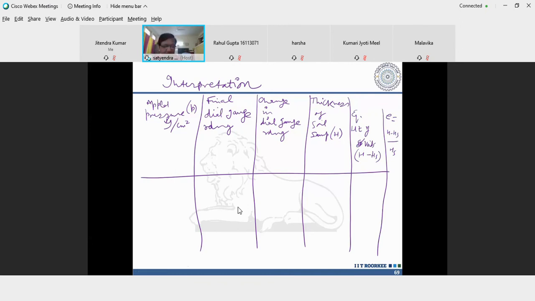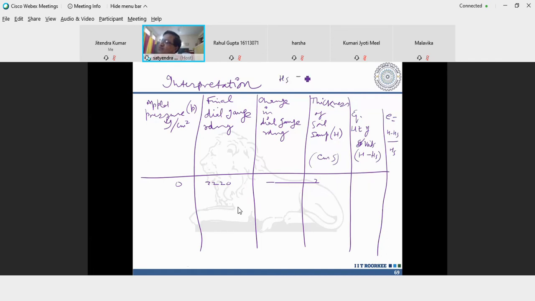Now refer to the previous table with the green color. Initially applied pressure was 0, the final dial gauge reading was this one at 0 stress, and the thickness of the soil sample was 2 centimeters. You remember I had told you that the consolidation ring is 20 mm in height, so it is 2 centimeters. Then H minus HS. What is HS?